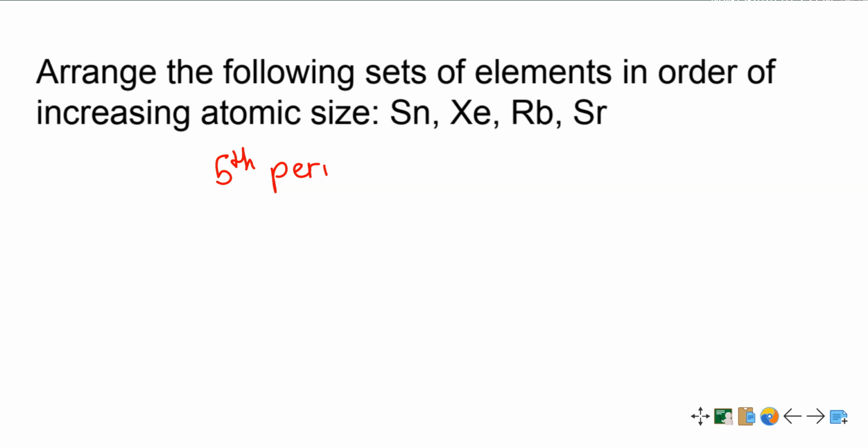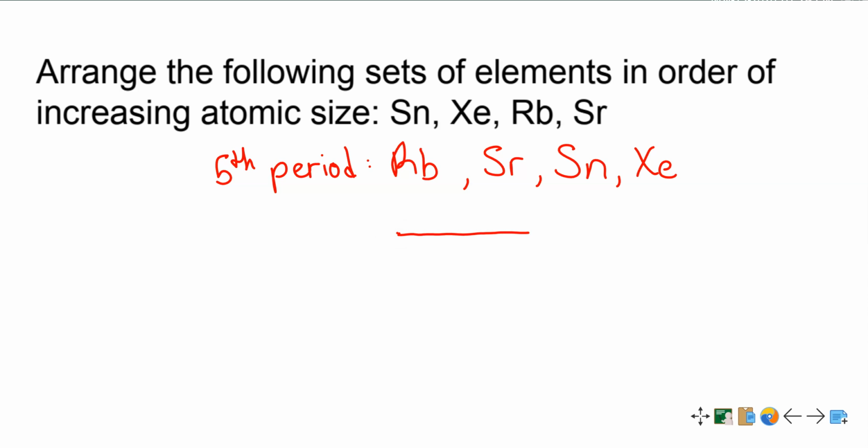Since they are all in the 5th period, I'm going to write them in the order in which they appear in the period. They appear as rubidium, then strontium, then tin, then xenon. Since they appear in that order, I know that elements get smaller as we go from left to right, so they decrease in size.